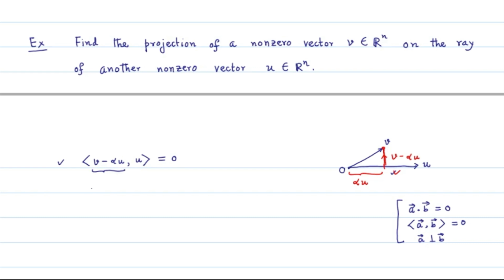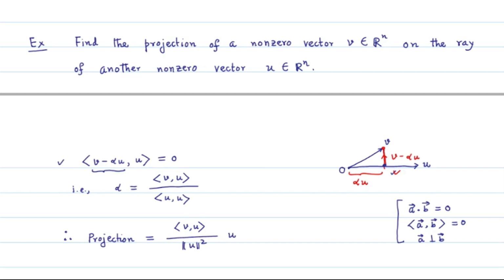From here, we see that the value of alpha is given by the inner product of v and u divided by the inner product of u and u, and hence the projection point of the vector v on the ray of u is given by the inner product of v and u divided by norm u square, times the vector u.